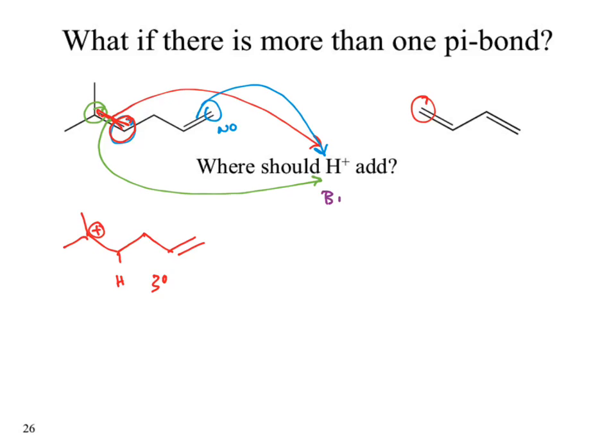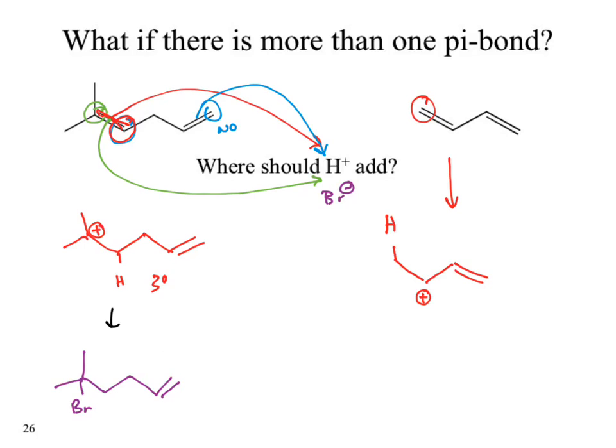Let's add our nucleophile, Br minus. So for the structure on the left, our final product with the bromine would be here, yes? If we go through and do that same analysis with this structure, what we're saying is we place the hydrogen here, and our positive charge goes there.